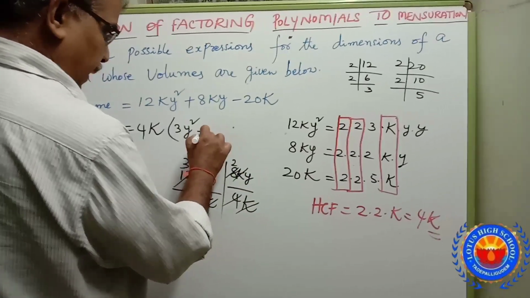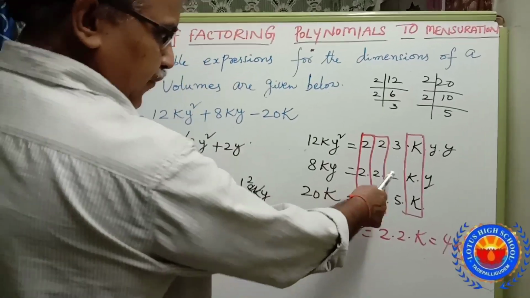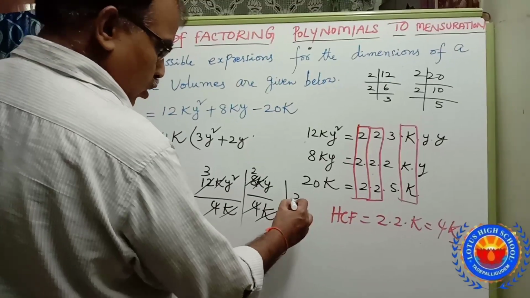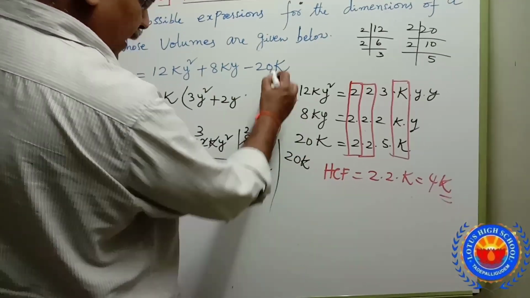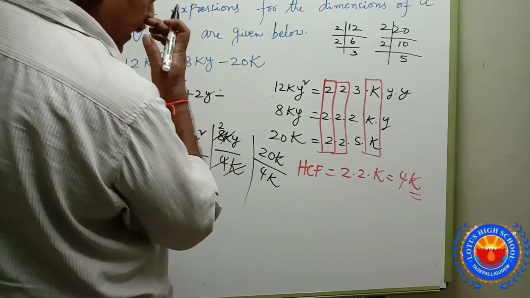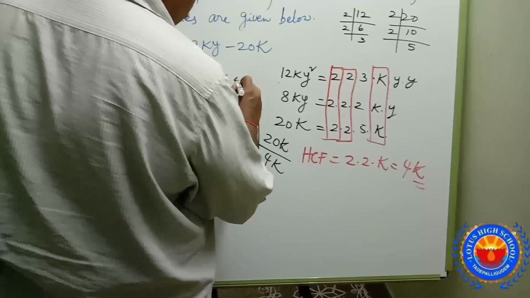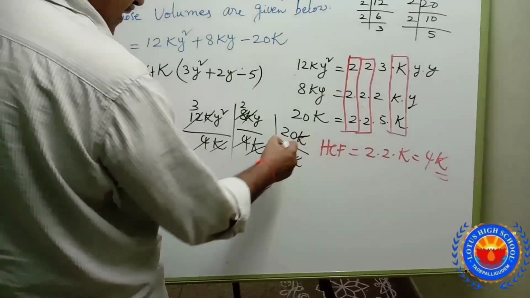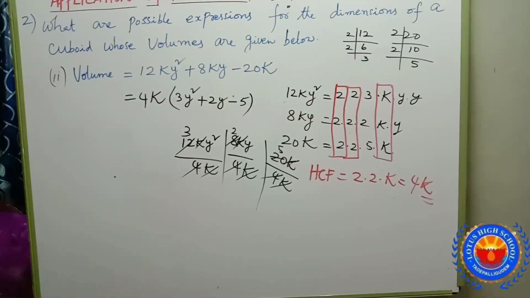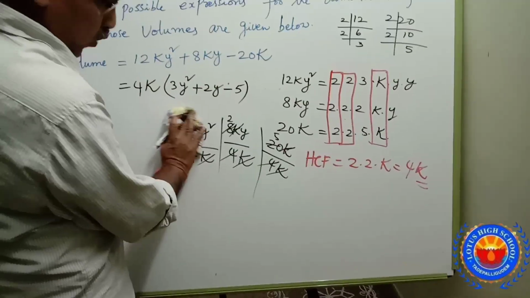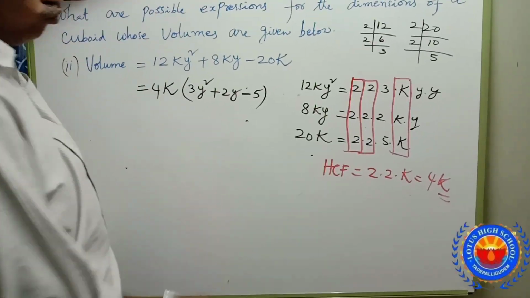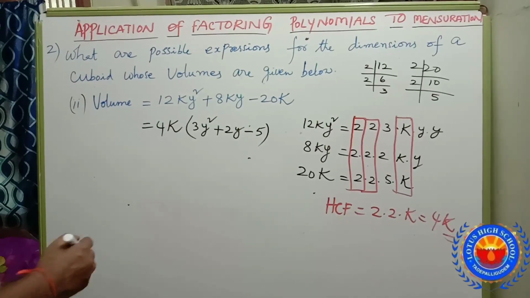Next, 20k by 4k: the answer is 5. So we get 3y² plus 2y minus 5.